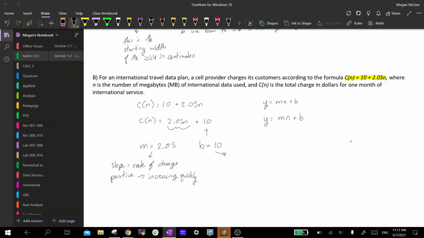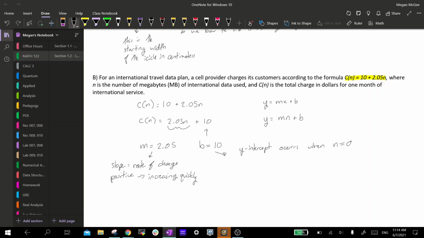And our interpretation for the y-intercept, well, again, the y-intercept occurs when our dependent variable, n, is equal to 0.